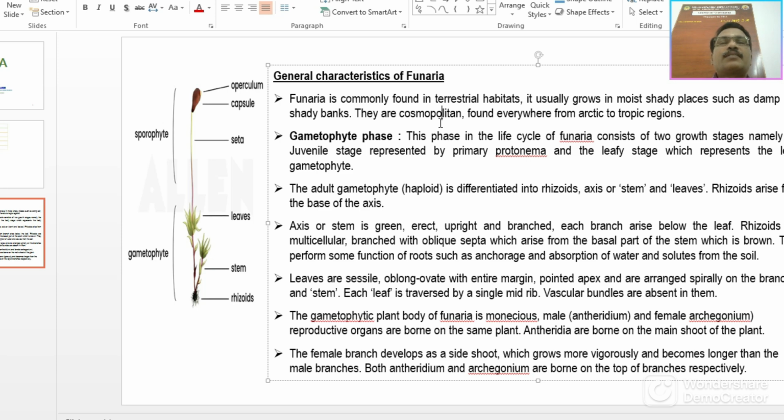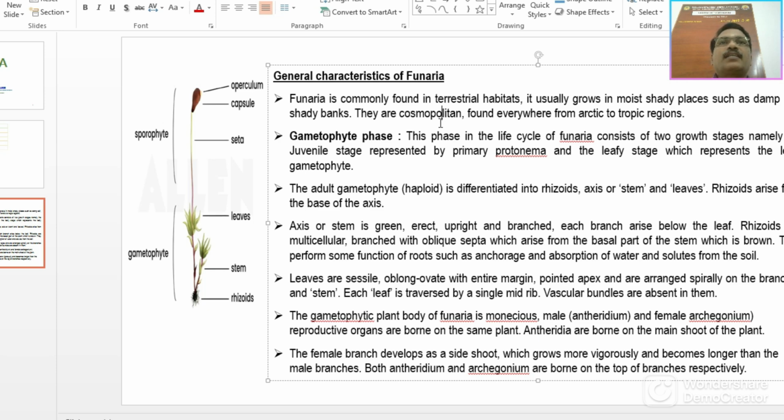Juvenile means simply germinated from the spore of Funaria. It develops as a small thread-like structure which is normally called the primary protonema. From the primary protonema, it develops as a leafy stage of the plant as we see in the slide. Okay, that is the gametophyte.